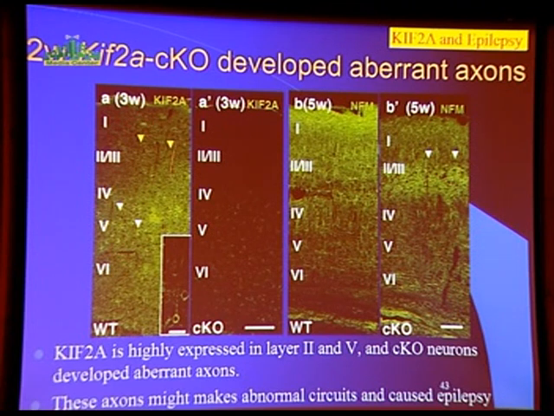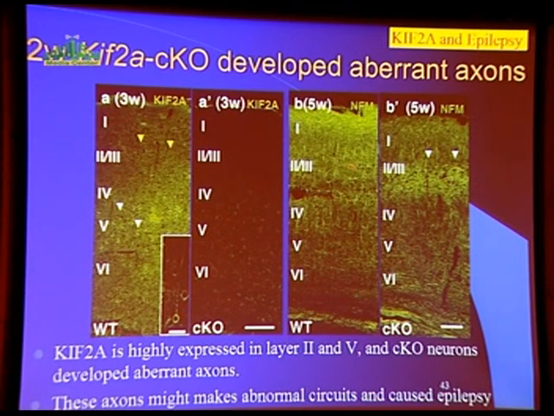This is the wild type and the conditional knockout stained with KIF2A, and also this is the wild type and the conditional knockout stained with neurofilament M antibody, which is a marker for axon.